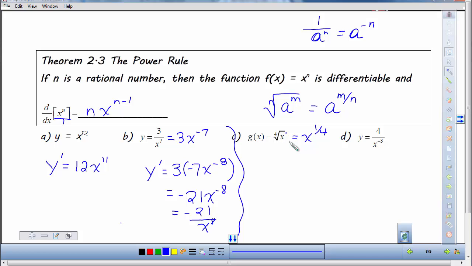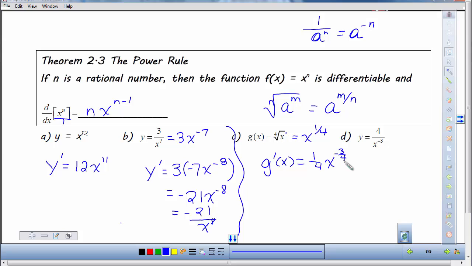Now that I've got that, my derivative, g prime of x, is equal to, I'm going to bring the 1/4 out front. Okay, and then we need to subtract 1. So 1/4 minus 4/4 is -3/4.